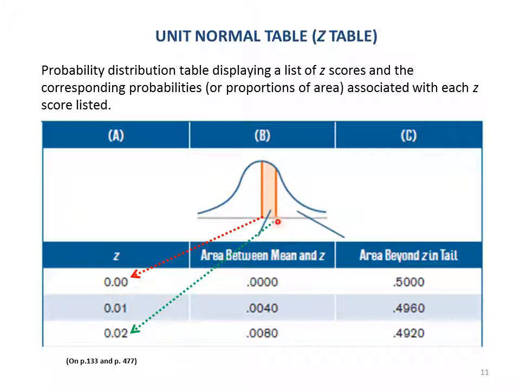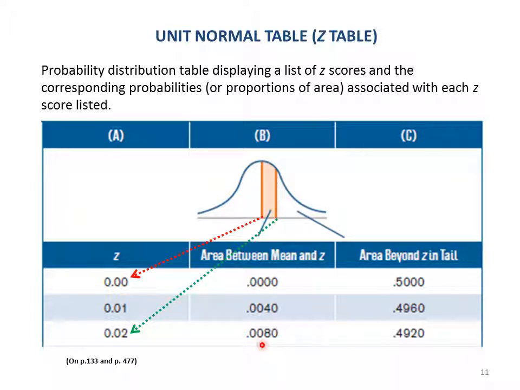Now the probability of getting a score larger than 0.02 is this white tail, the area in this white tail, and it's 0.4920. This is the area beyond the z in the tail. And here is the z-score.